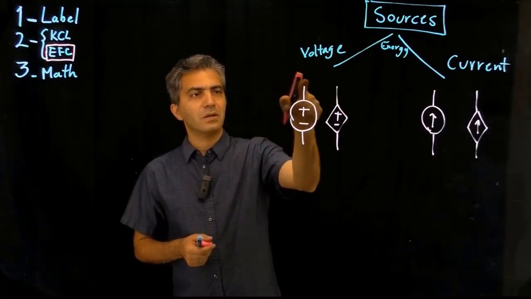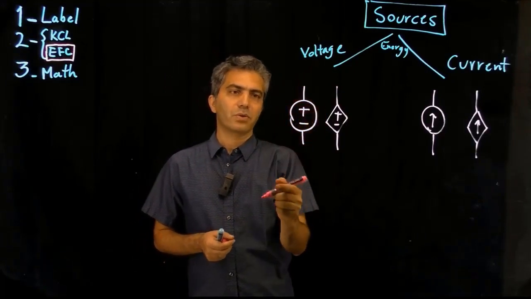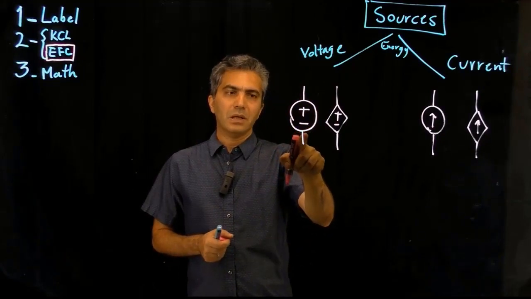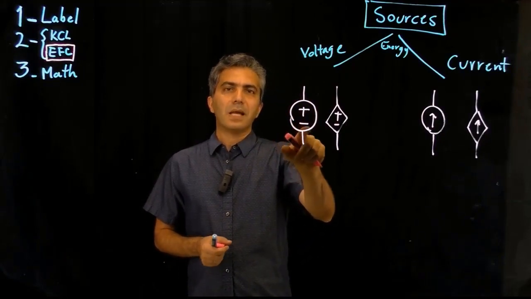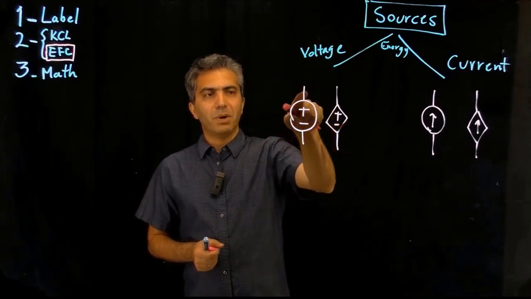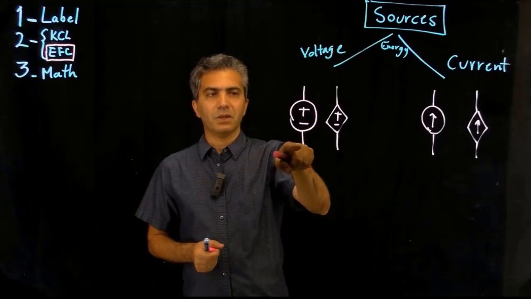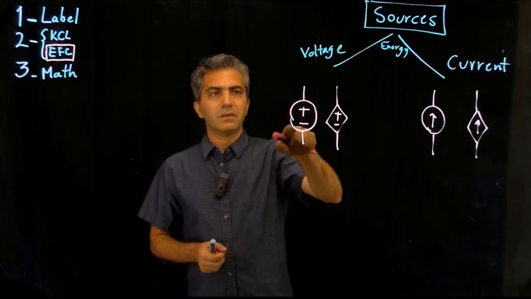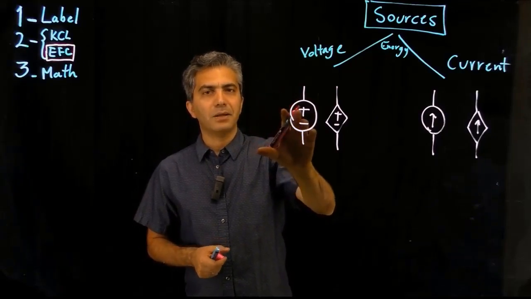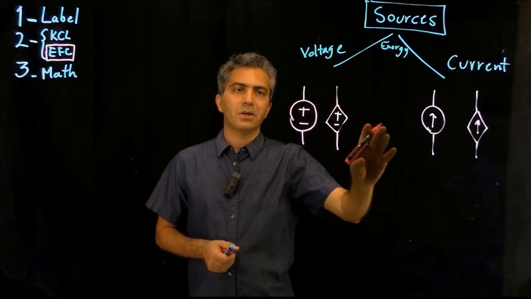So these sources with a circle and a plus minus symbol for a voltage source are called independent voltage sources. What that means is that the voltage across this component, from the positive or higher potential to negative or lower potential, is a value that is not dependent on anything else that is going on in the circuit.